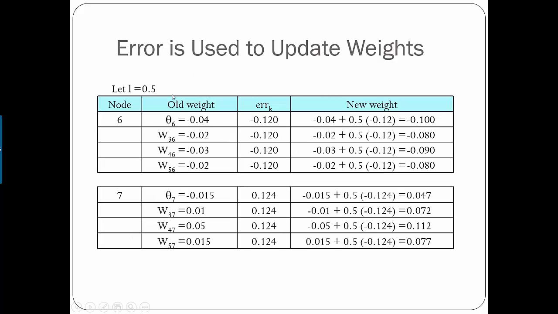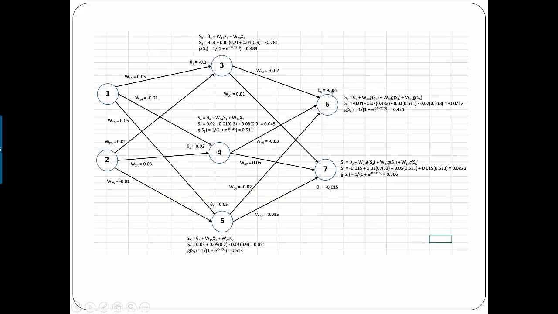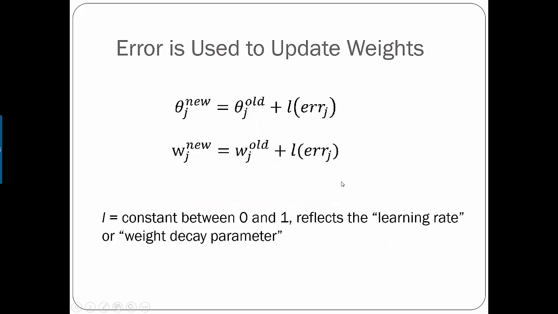But let's start with an example of say 0.5. So if L is 0.5, these are the old weights. For node 6, the old weights are minus 0.04 and the three weights coming into 6, and then minus 0.015 and the three weights coming into 7.